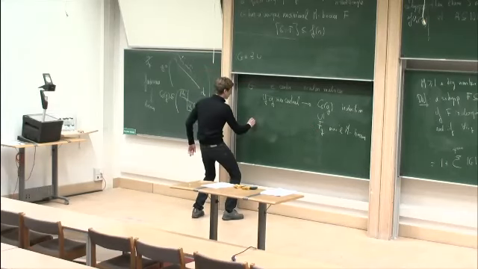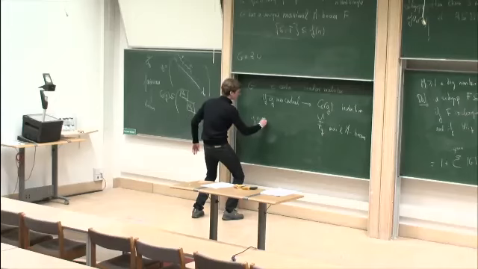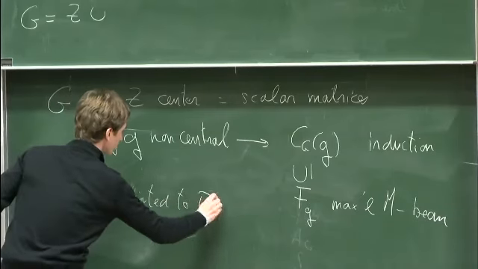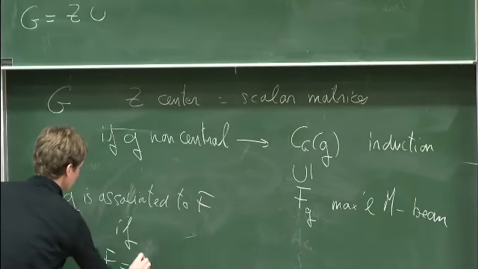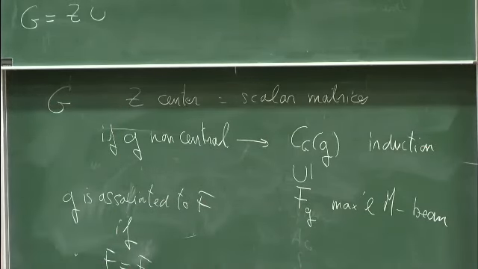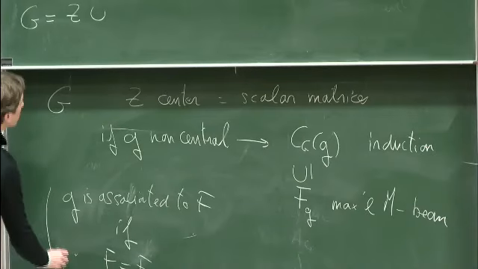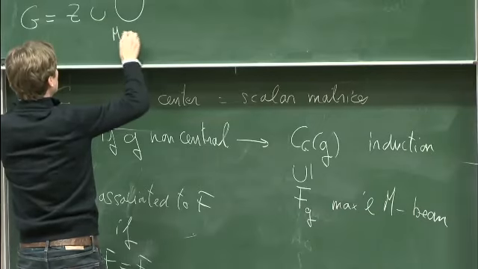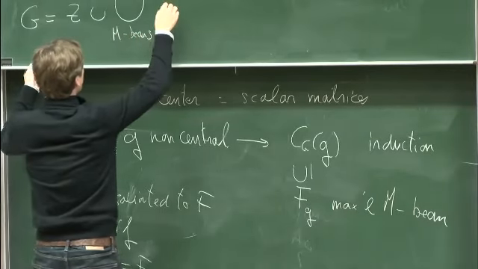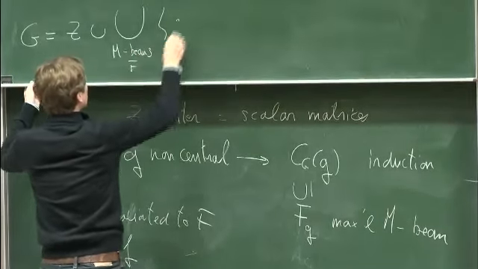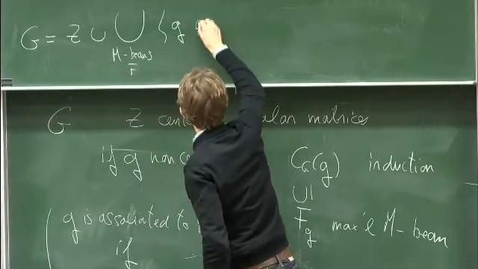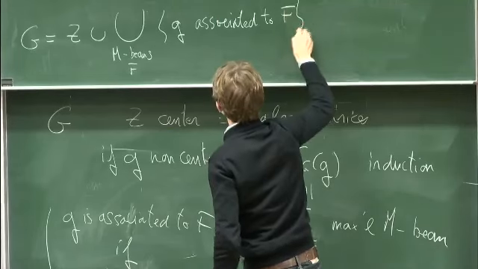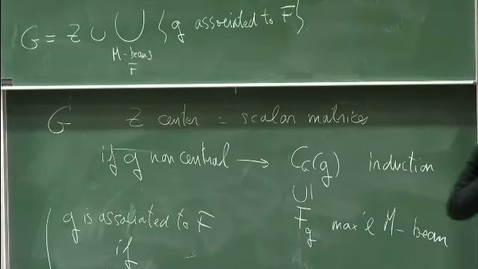Let's say that g is associated to F if F equals F(g) for some m-beam F. And so you're going to group them: the union over the m-beams F of the set of g's that are associated to F.